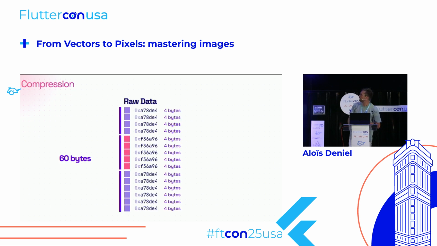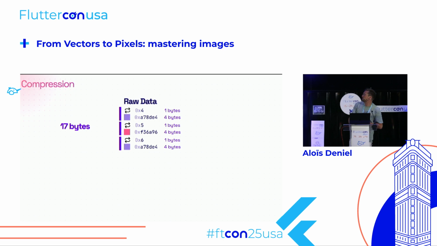So it goes from 60 bytes to 17 bytes, for example, just with a simple algorithm like that, which obviously works just for this use case. But it's just an example of a compression algorithm, which is called RLE, for run length encoding, if I remember well.